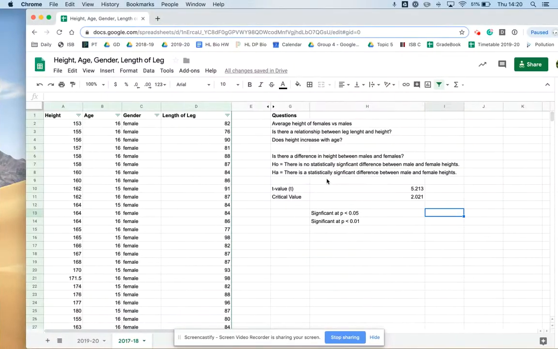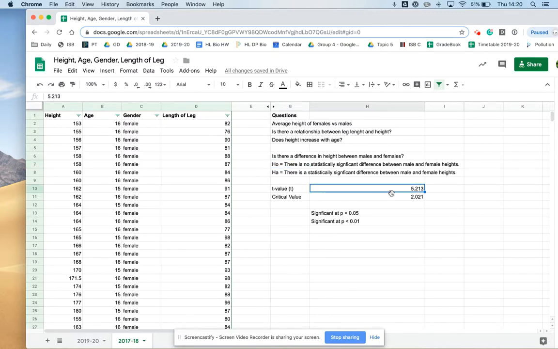Okay, so going back to this was our question, right? Is there a difference in height between males and females? We had the null hypothesis: there's no statistically significant difference between male and female heights. And the alternative is there is a statistically significant difference between male and female heights. Now, if the null hypothesis was true, then this value would be less than this one.